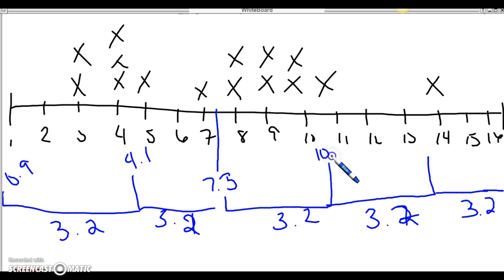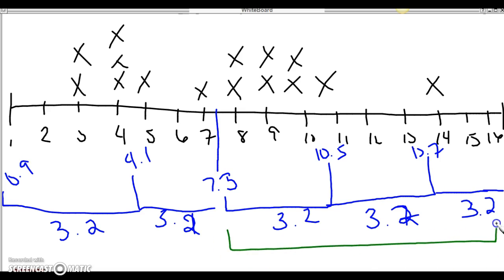And this is 10.5. And this is 13.7. So looking at my data, even though going in the left direction, I only need to go 2 standard deviations, I need to look at it holistically at all of my data. And so going in this direction, I'm going 3 standard deviations. And so all of my data would have to be within 3 standard deviations of the mean.